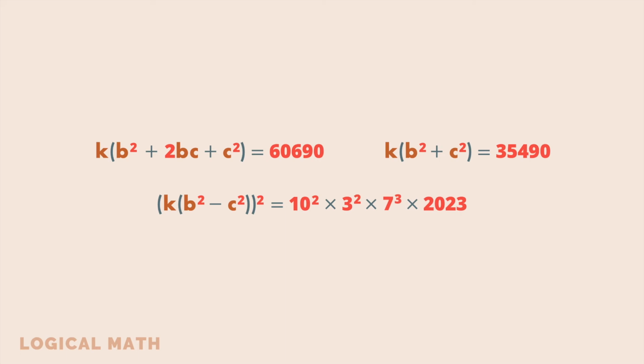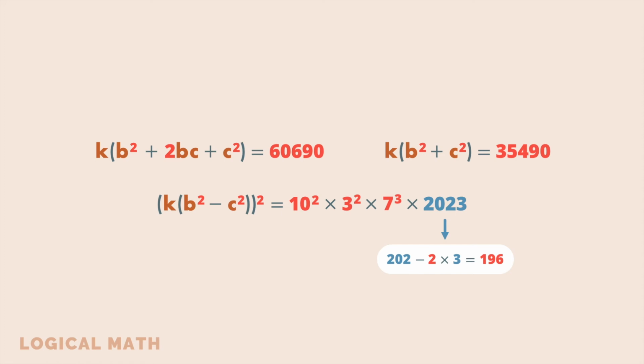Let's move on to the number 2023. It is not divisible by 3 as the digit sum is 7. Last digit is neither 0 nor 5, so the number is not a multiple of 5. Checking for multiple of 7, we get 202 minus 2 times 3 and it's equal to 196.